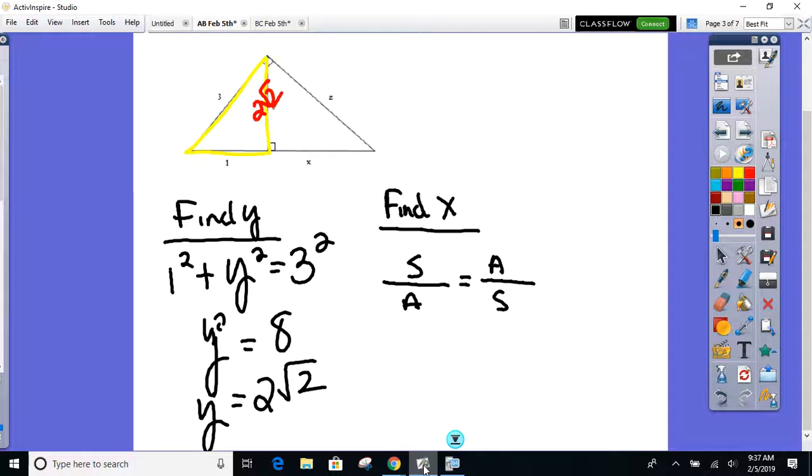Segment. 1. Altitude. Altitude. Other segment. There we go. That's why we have our calculators. 2 radical 2 times 2 radical 2.